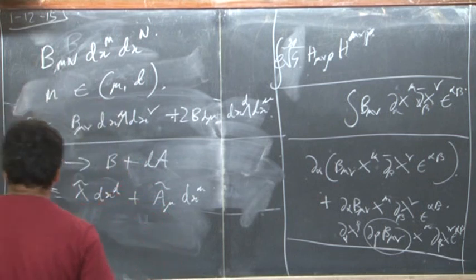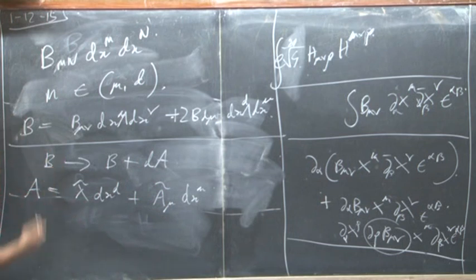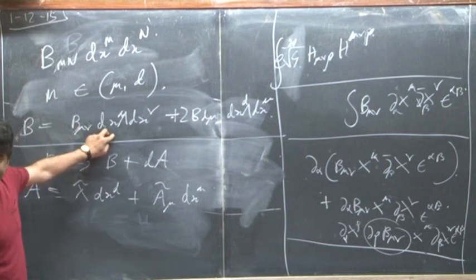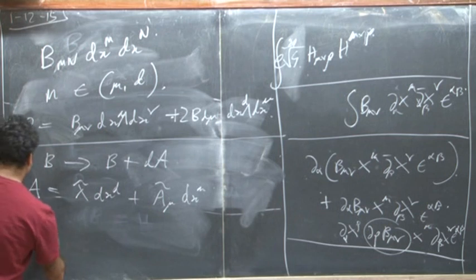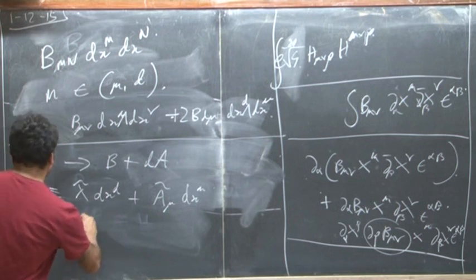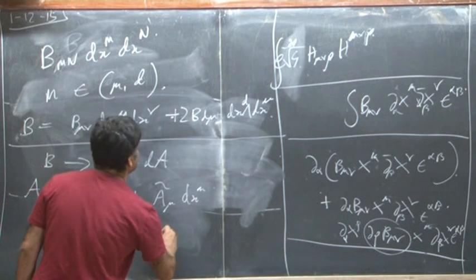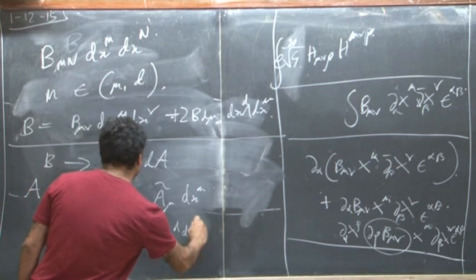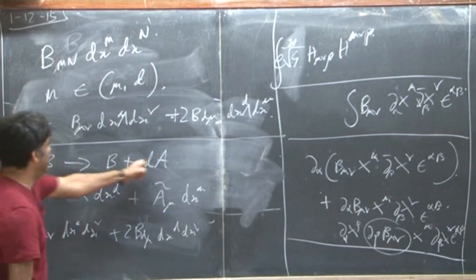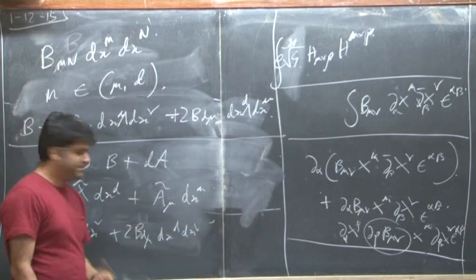If we had our B, which had this decomposition, B mu nu dx^mu dx^nu plus 2 B d mu dx^d dx^mu, goes to B plus dA. So now we just take this and plug in.